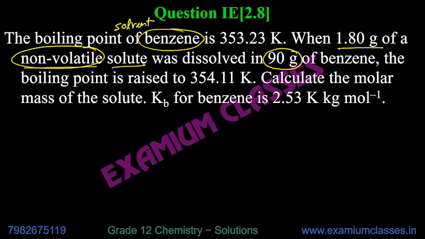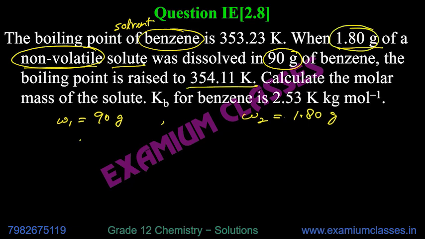And solvent mass means W1 is 90 grams and W2 is 1.80 gram. This is solute, means 2. The boiling point is raised by this much. Not delta TB, sorry, TB is given.